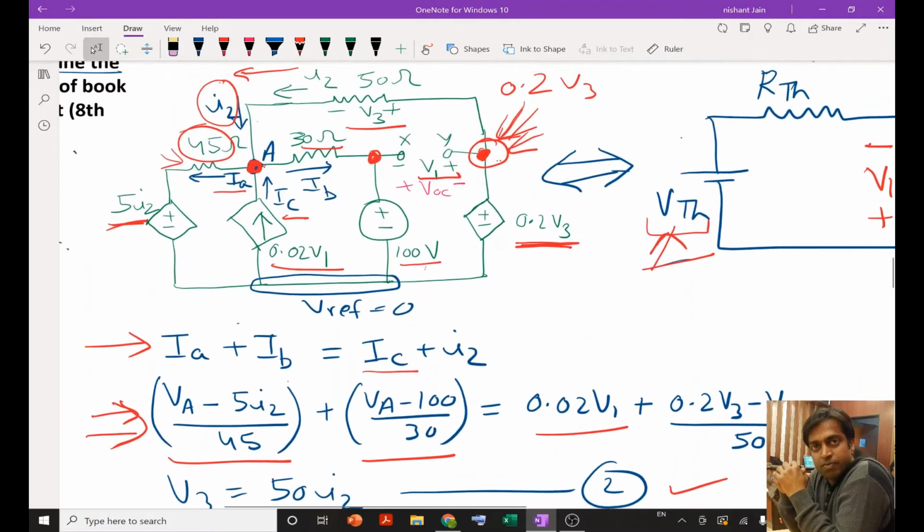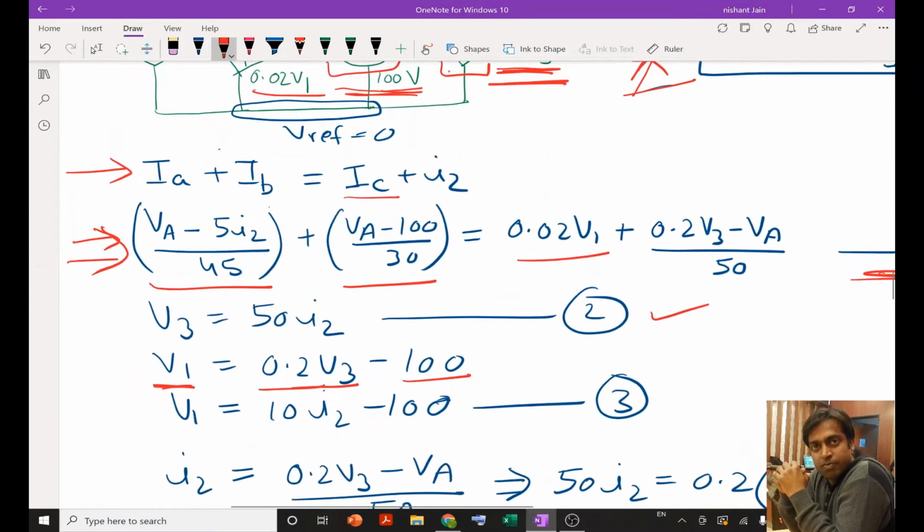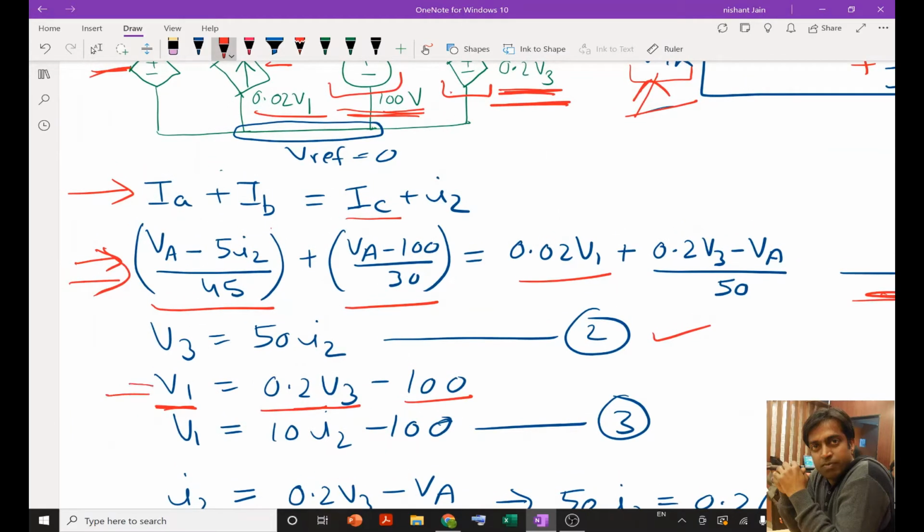Why? Because across this XY terminal we have these two batteries, the dependent voltage source and this 100 volt. So that is why V1 will be equal to 0.2 V3 minus 100. So I put this value over here.